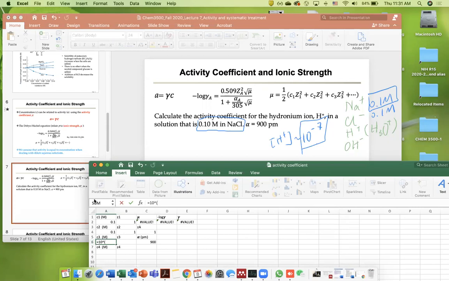It could be 3 sig figs, it could also be 1. We didn't specify it here. So I'm not going to be very critical about the sig figs here. Okay. So you can see if I put in the concentration of hydronium ion, it actually didn't change at all, right? Because as I said, this concentration is much smaller than the concentration of sodium chloride. So it can be neglected during your calculation, all right?